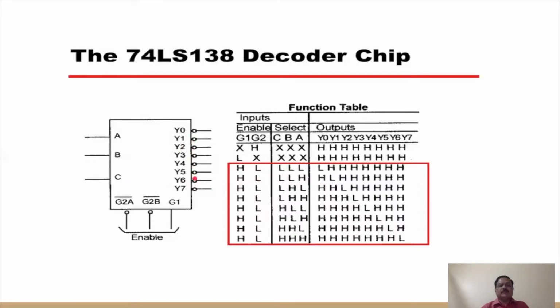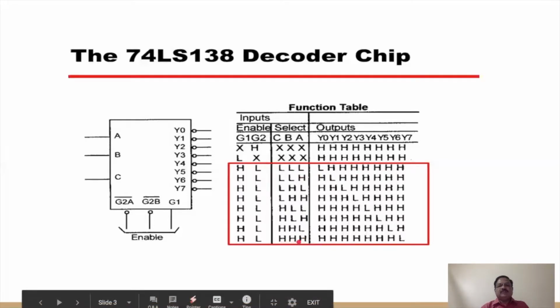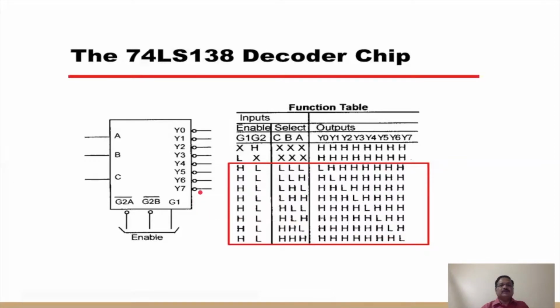Low means active. In this table, whatever is shown in the red box, you will find that whenever the ABC inputs are all low, the Y0 signal goes low, meaning it is selected, and the remaining outputs are all high. Similarly, when ABC is 111, the 7th output, Y7, goes low, so Y7 will be selected.